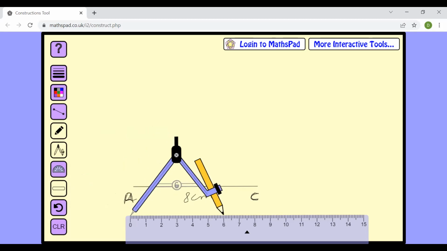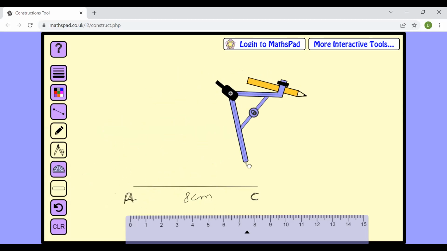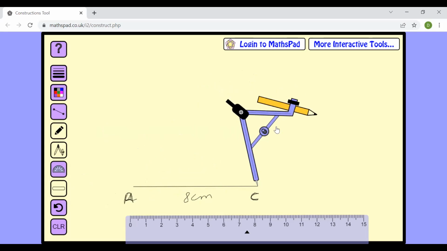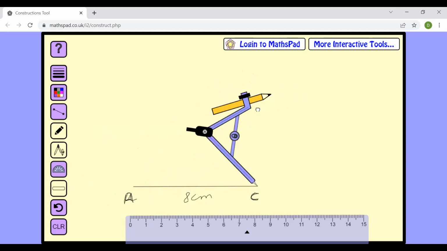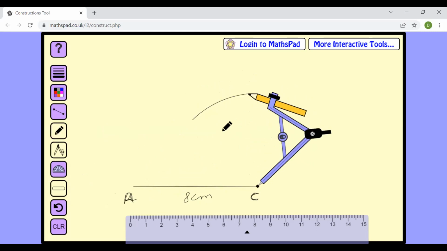Now I'm locking this. Now from C, keep the needle at C and draw an arc of 6 centimeter.